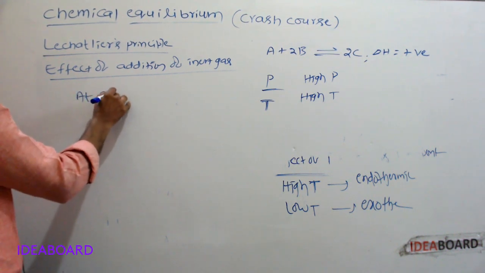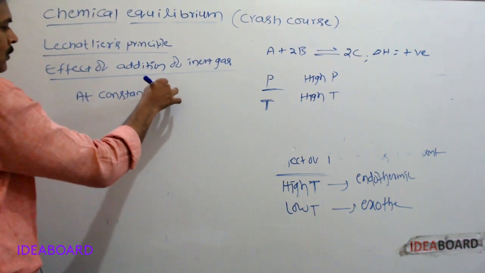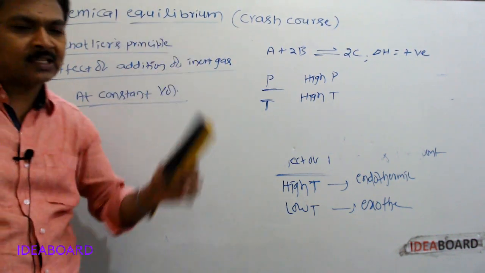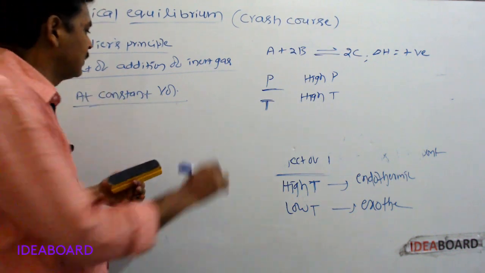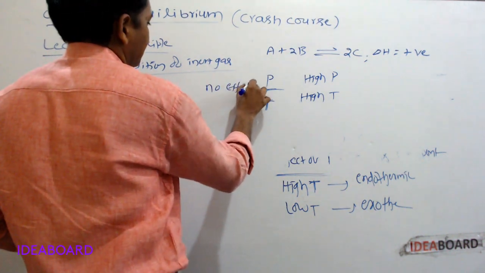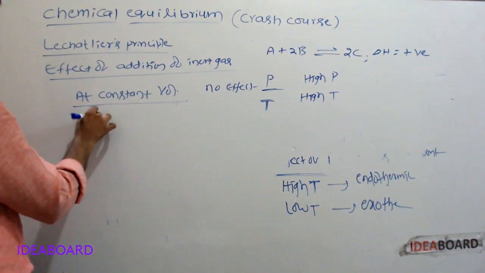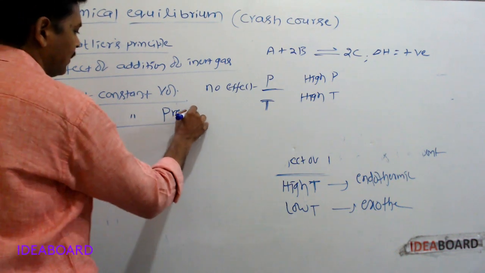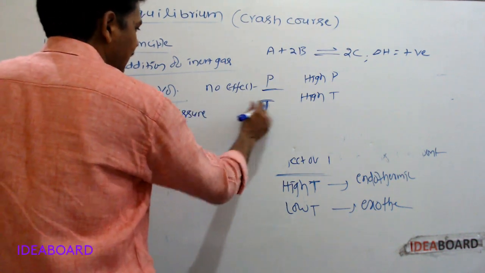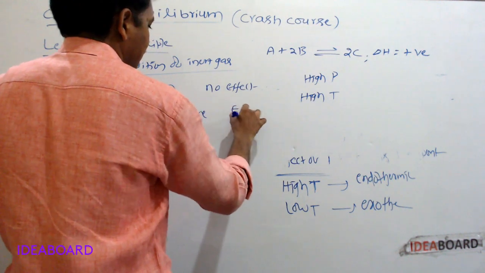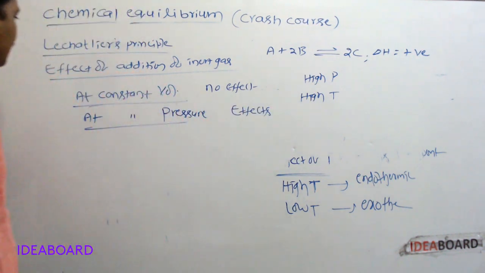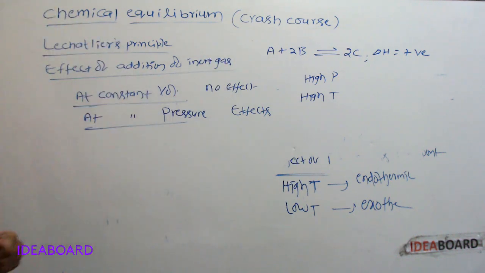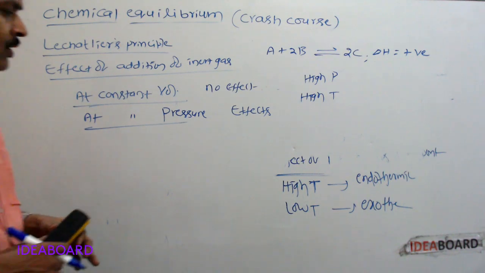At constant volume, if inert gas is added, it has no effect. But at constant pressure, it affects.